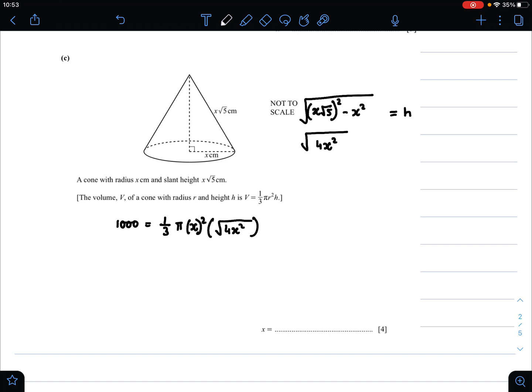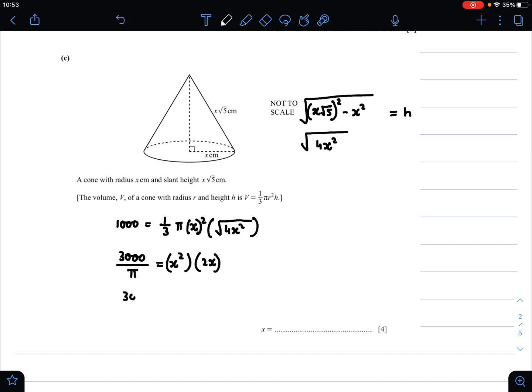Now we can take 1 by 3 pi to the other side of the equation, so it will become 3000 divided by pi is equal to x square multiplied by root of 4x square, which is equal to 2x.